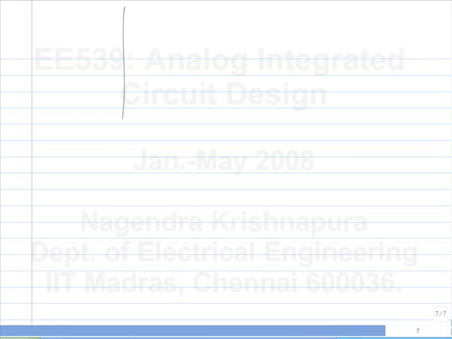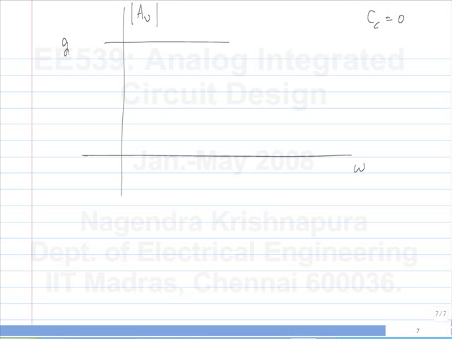So very quickly, what were the poles without CC? You have some DC gain, the magnitude of the DC gain. So here I am plotting the Bode plot, the magnitude of the gain. The DC gain is GM by GL. Where are the two poles without CC? So let's say this is GS by CS or C1, I think.